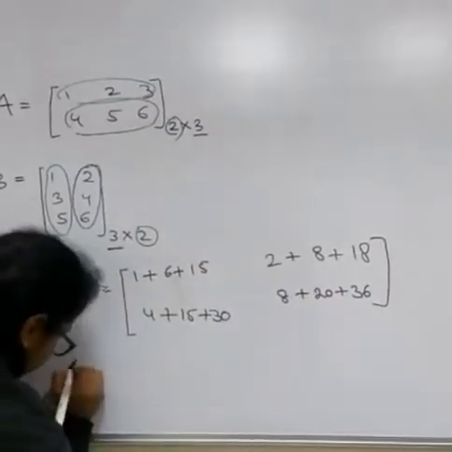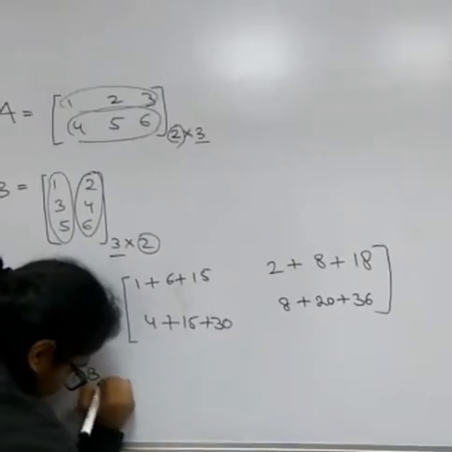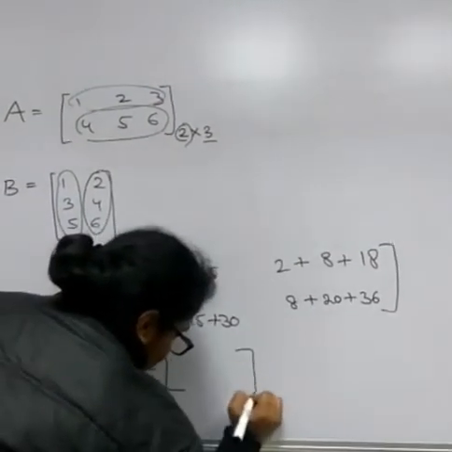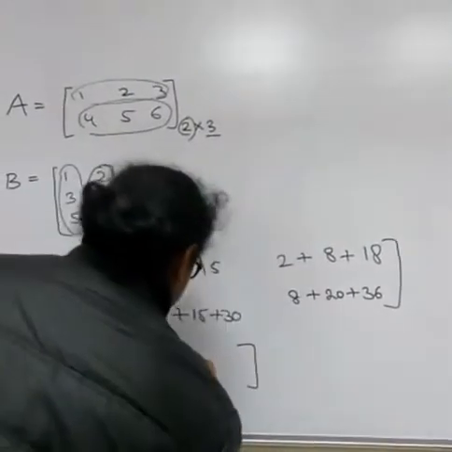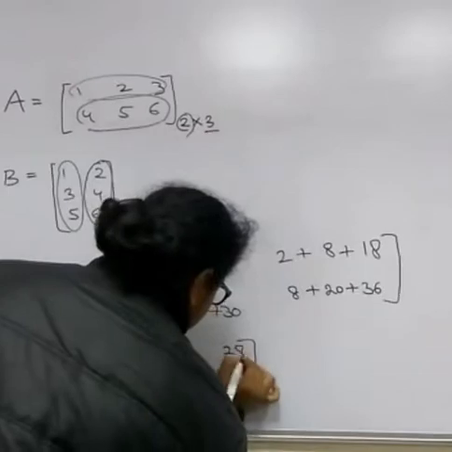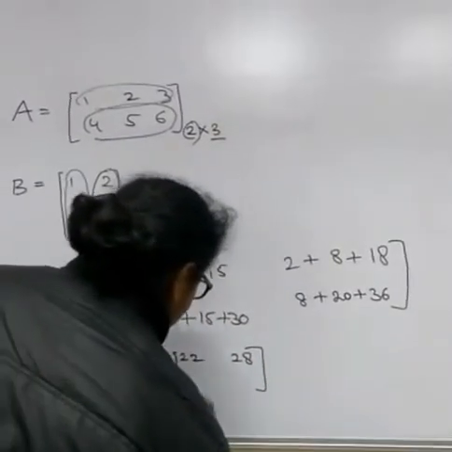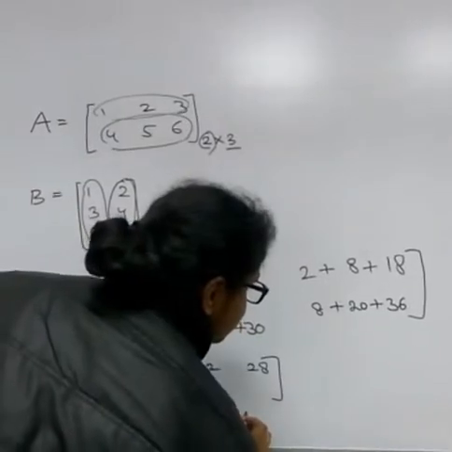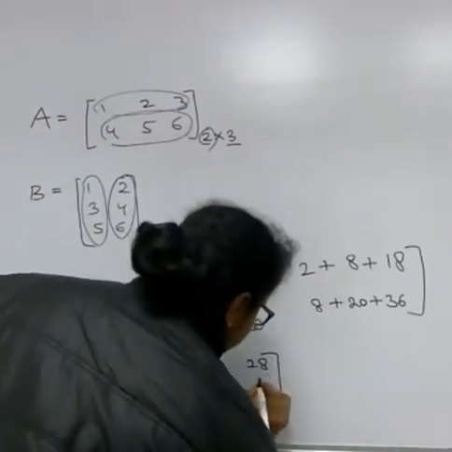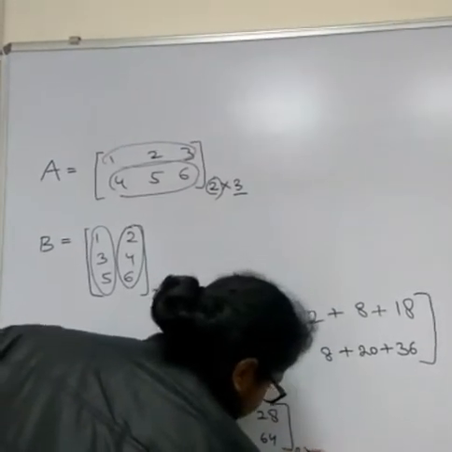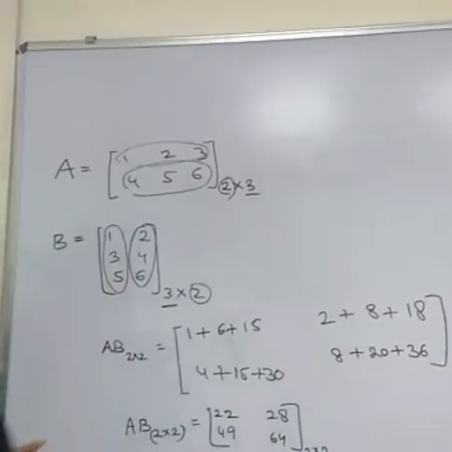So we have a final matrix AB of the order 2 cross 2. So this is our matrix AB. Thank you.